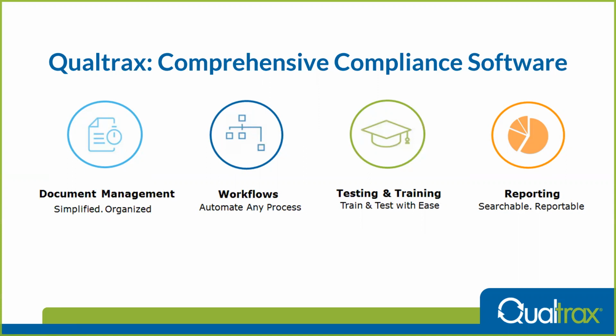That's where you can automate any process that the business has, control that process, and then be able to report on what happened during those processes. We also have a testing and training component of the product that automates testing and training, and again, it tracks that data. It's going to store the data from those testing and trainings. So everything is searchable and reportable in our system.